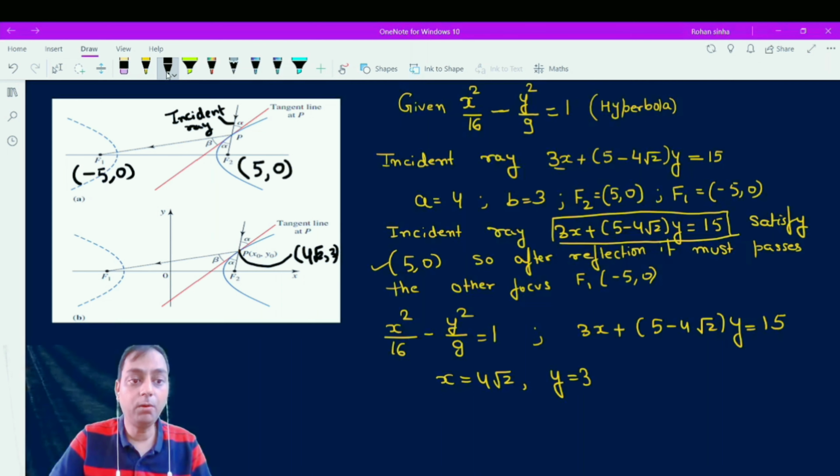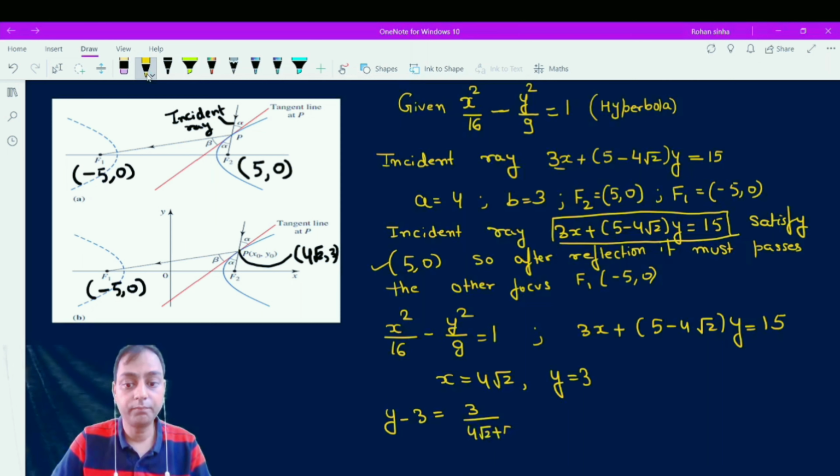Now what about the coordinates of F1? This is (-5, 0). So what about the equation of line PF1? The equation of line PF1 is y - y1 = (y2 - y1)/(x2 - x1) (x - 4√2).